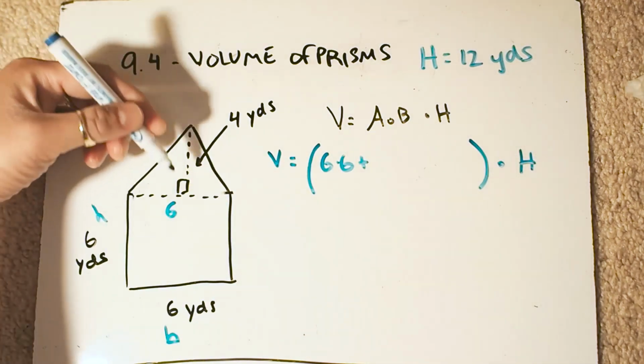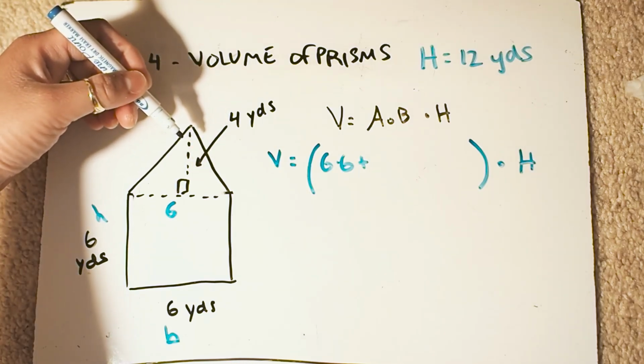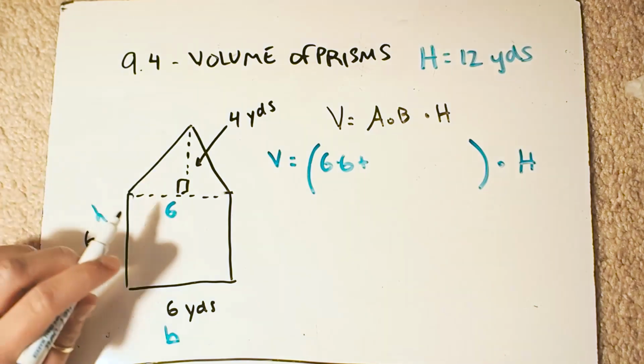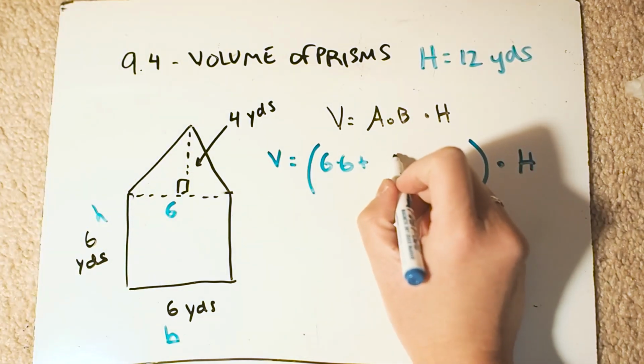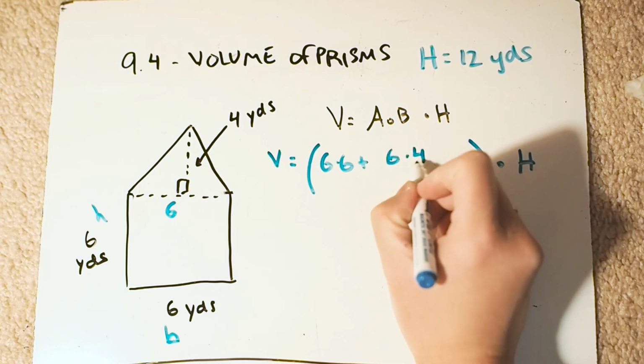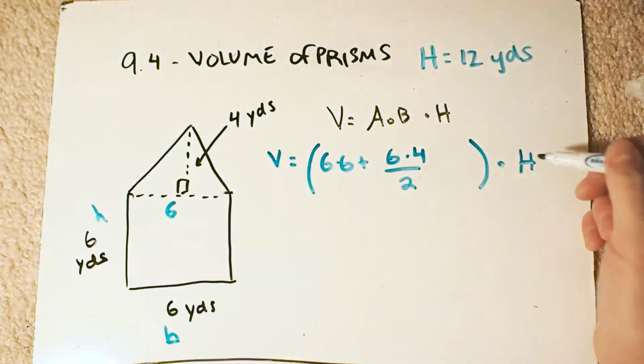The height of the triangle is 4 yards. The area of a triangle is little base times little height divided by 2. We're going to fill that in with 6 times 4, all divided by 2. And then the entire thing will be multiplied by big H later.